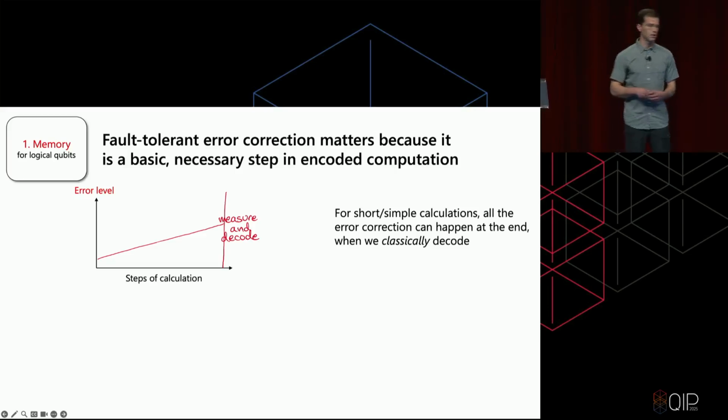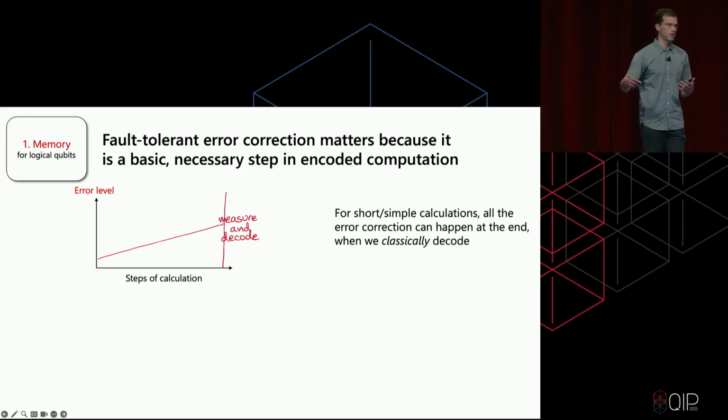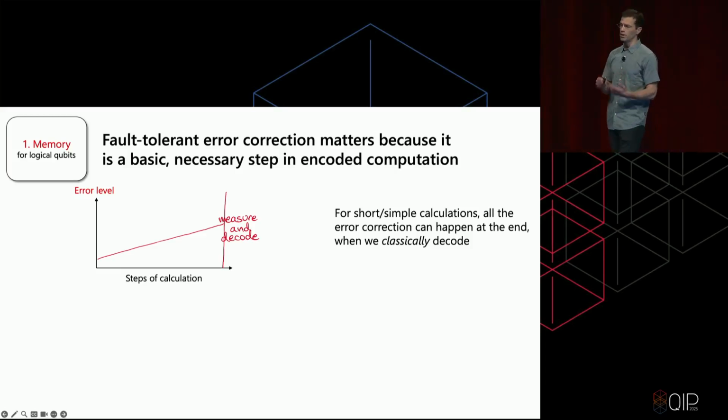All right, so why is this memory experiment, repeated error correction, an interesting experiment to run? The reason is basically because it's a fundamental primitive in fault-tolerant computation. So here I've drawn a cartoon that shows very roughly the error level or the noise level in your quantum computer plotted versus time or steps of calculation.